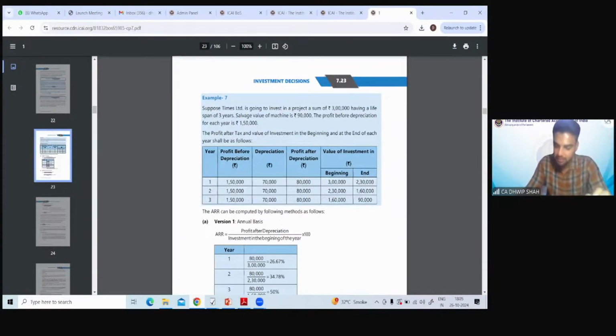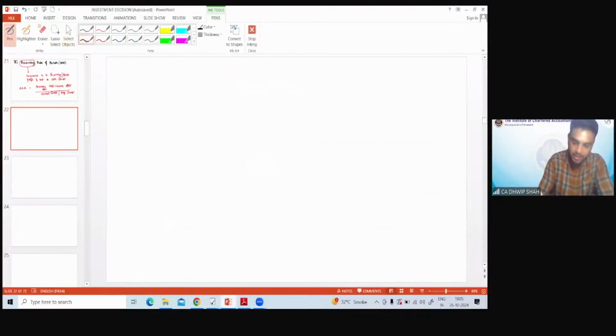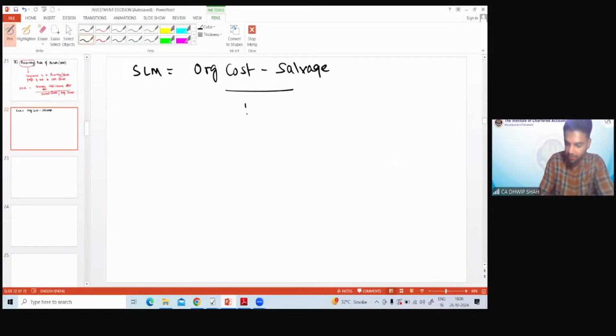So the question is profit before depreciation is 150 for each of the year. Depreciation is 70,000. And how did this 70,000 come? Can I say straight line method? As per SLM, depreciation is nothing but original cost less salvage divided by life.